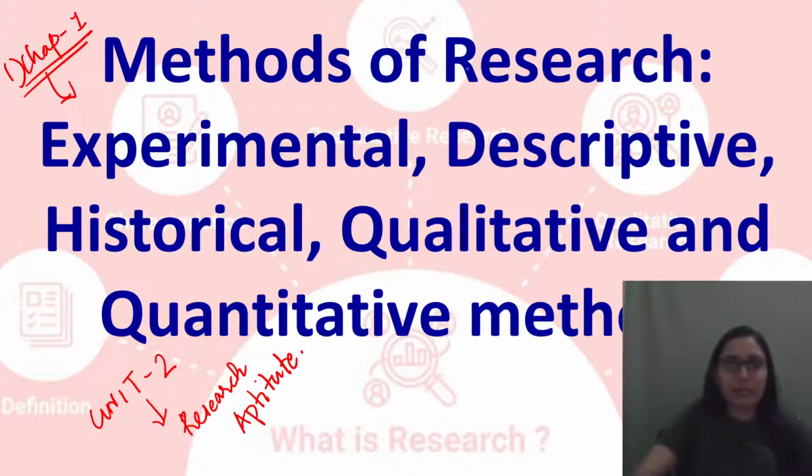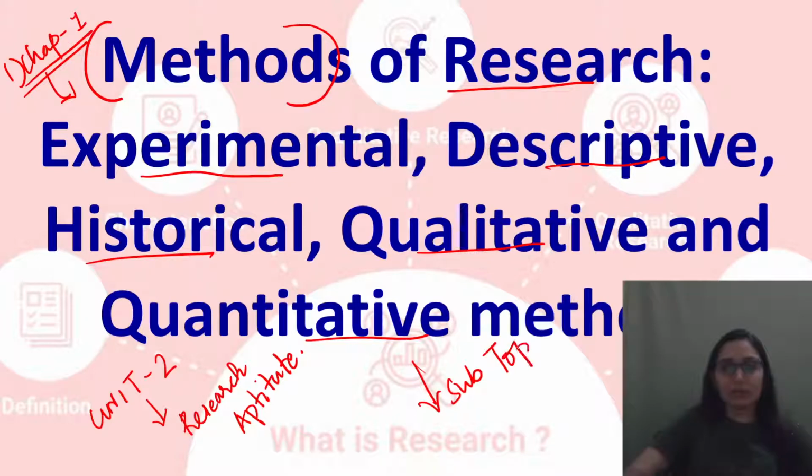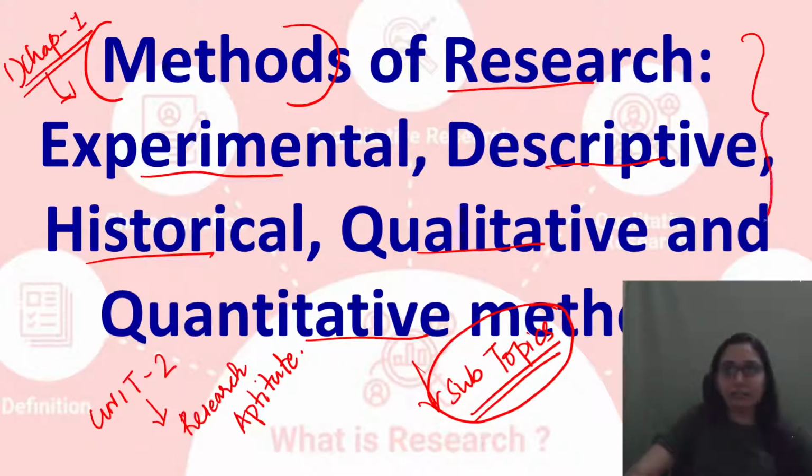Here we will be discussing what are the methods of research, the ways of carrying out research. Under that we will see experimental research, descriptive, historical, qualitative and quantitative methods. These are the subtopics that we will be discussing today.